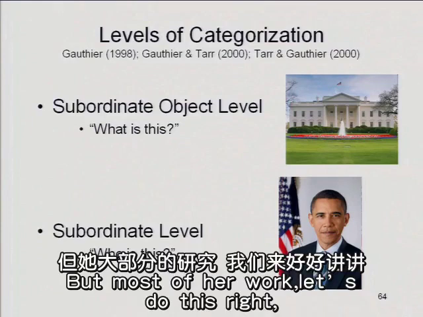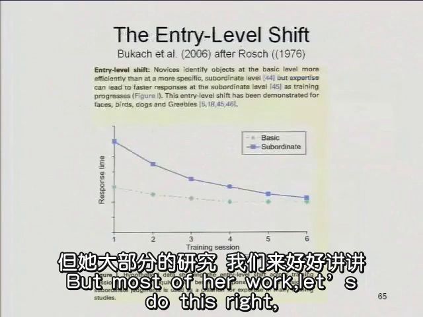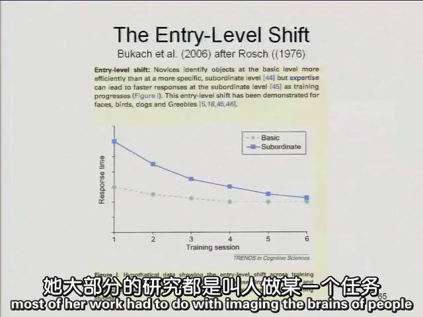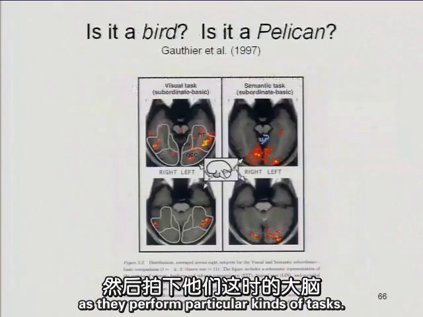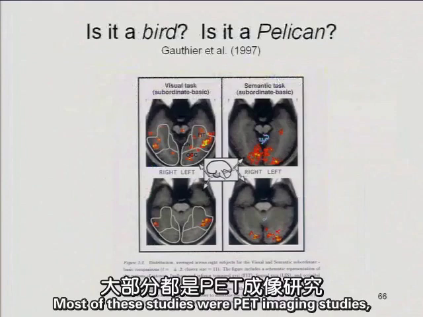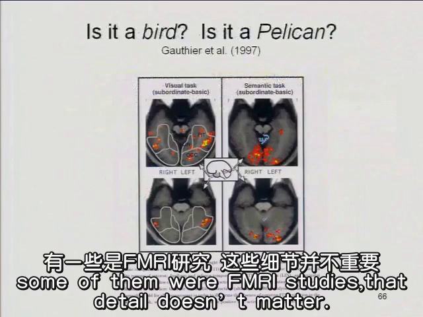But most of her work had to do with imaging the brains of people as they perform particular kinds of tasks. Most of these studies were PET imaging studies. Some of them were fMRI studies. That detail doesn't matter.